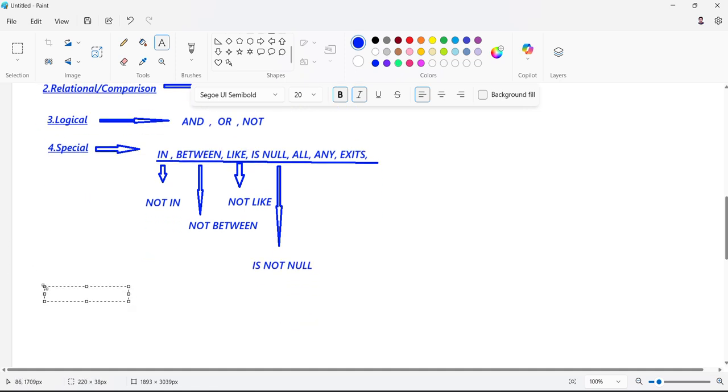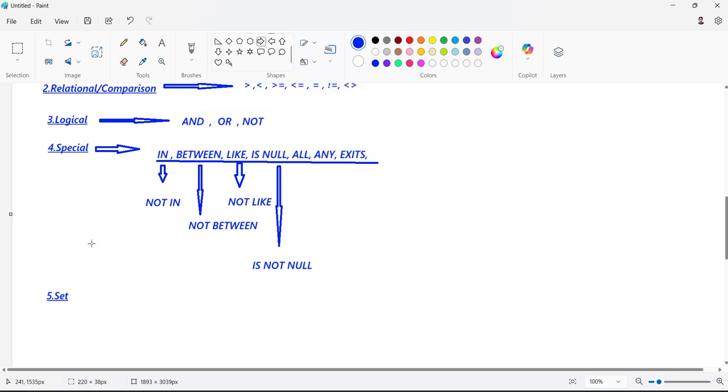Then another important fifth operator, that is set operator. What are the examples, what are the categories being used?